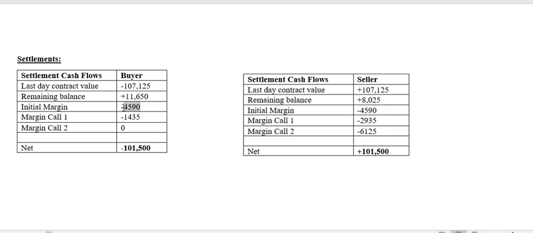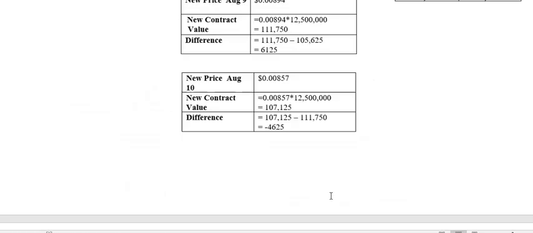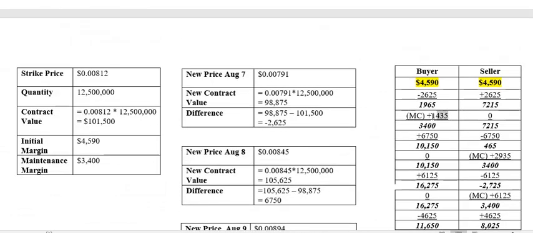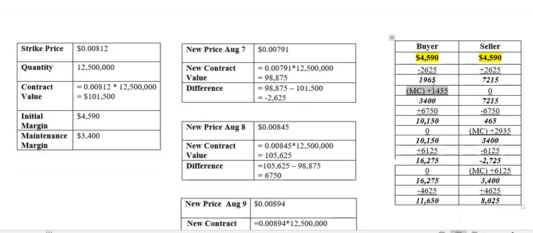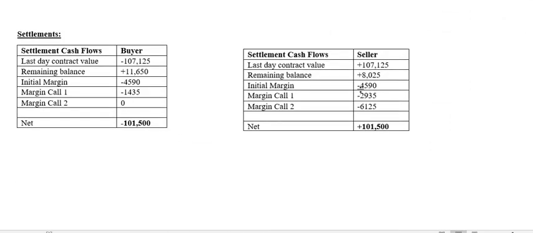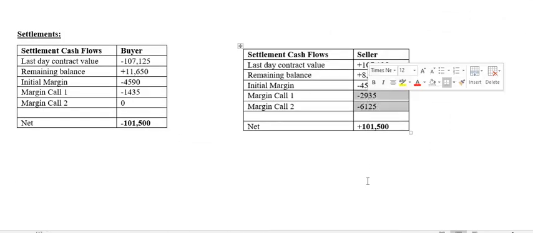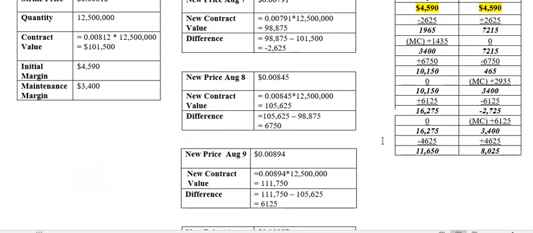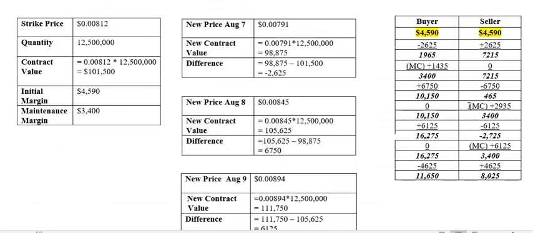The initial margin was a cash outflow when they deposited it, so for the buyer and seller it remains the same. Then the buyer only had one margin call of 1,435, which can be seen here, and there is no other margin call in this column. Whereas the seller has two margin calls, and both of them are here, MC, and this is also the second MC.